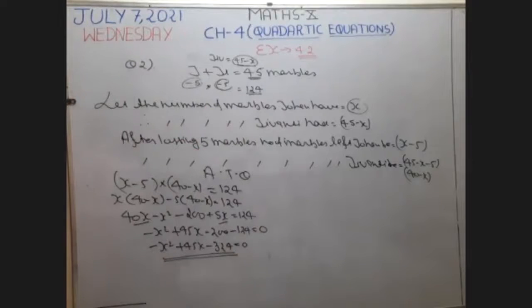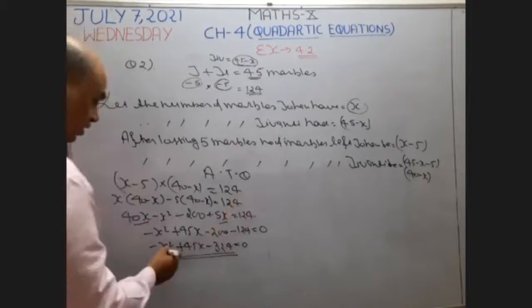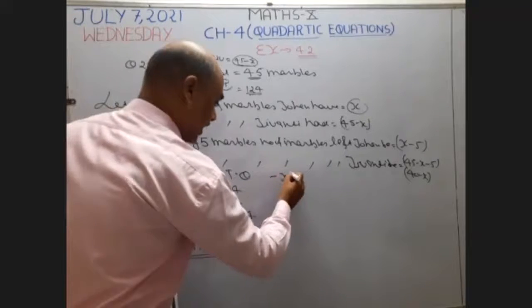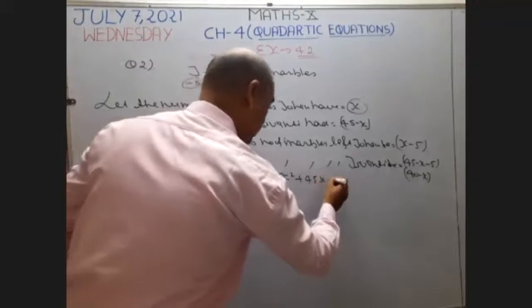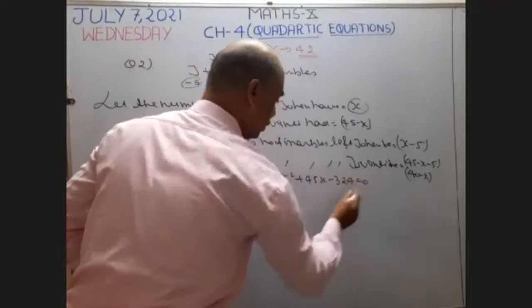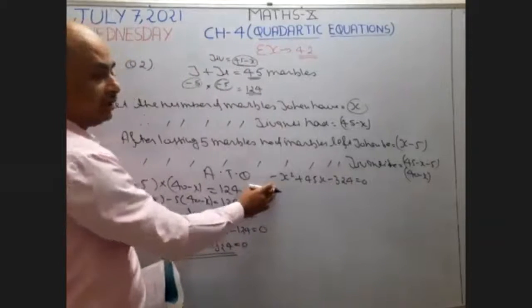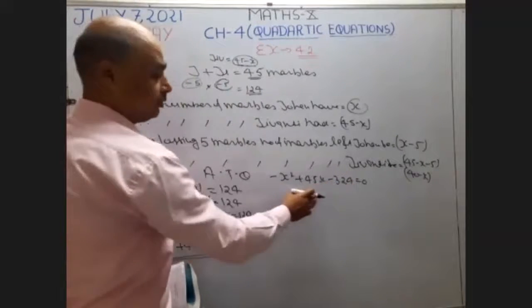I hope it is clear to all. Now, what is the next step? We are going to solve. I'm going to solve this quadratic equation by using which method? I write this equation here. Minus X square plus 45X minus 324 equal to 0. Can I take minus common from this equation? When I take minus common, what happens?